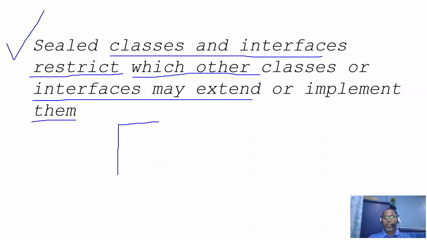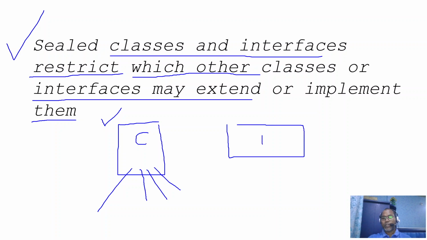That means if you have a class and mark it as sealed, you are restricting which classes are going to subclass it. Similarly, if you mark an interface as sealed, you are restricting which classes are going to implement it.